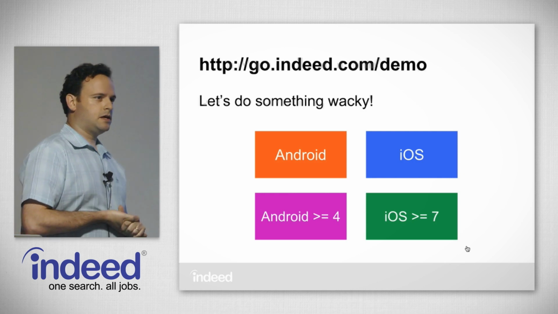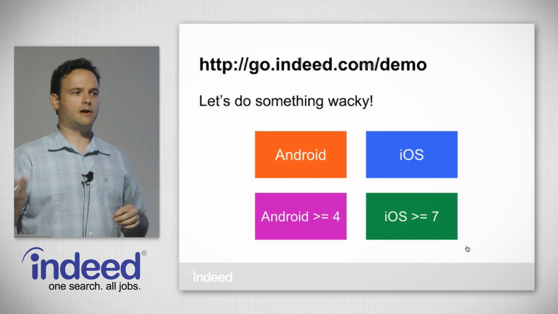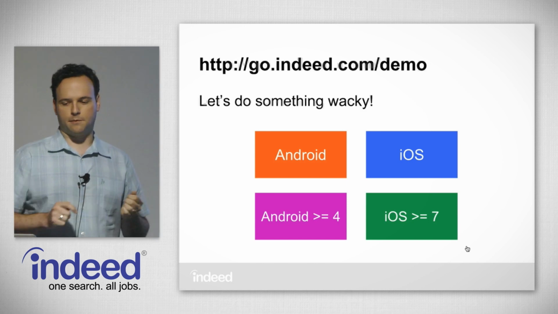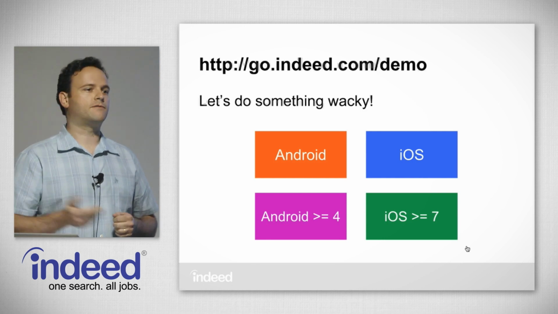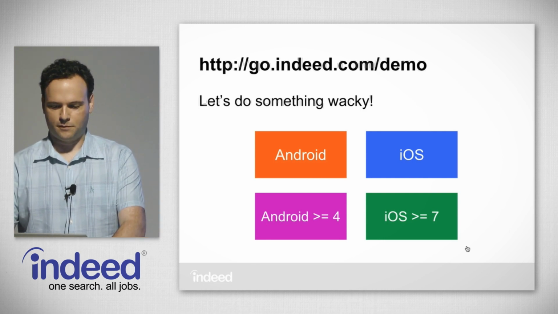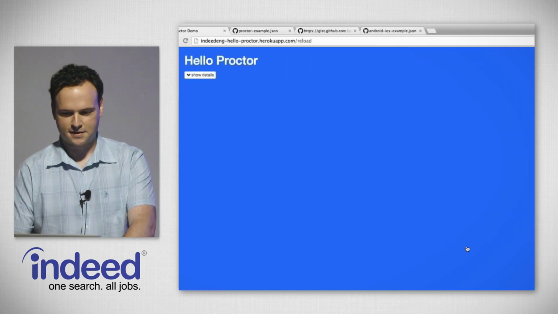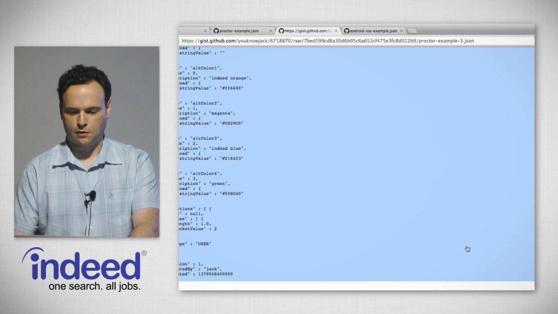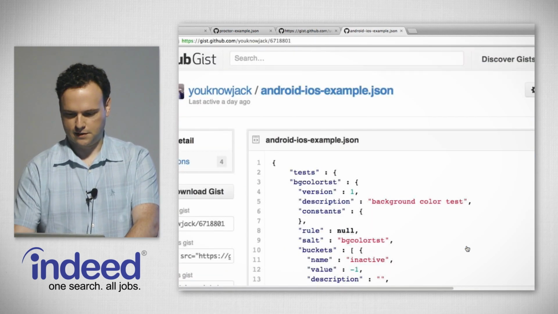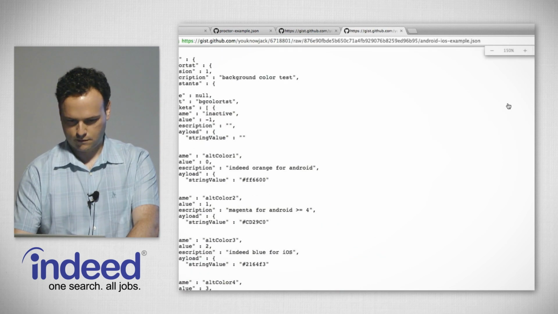Orange is going to be for Android and blue for iOS, but actually we're going to say magenta is for newer Android since Ice Cream Sandwich version 4.0, and green for iOS 7. I imagine we're going to see more green than blue actually, but we'll see. This is my own personal little test. And so we're going to grab another one.